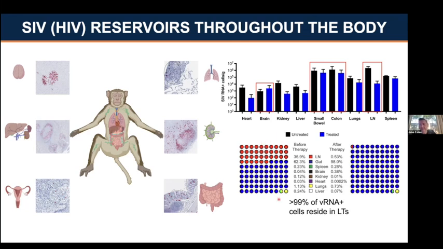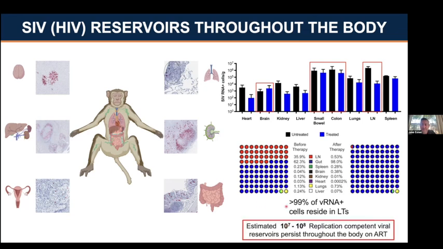Then when we take that number and divide it by 2 to 5%, which is the estimate of the intact or replication competent viruses during antiretroviral therapy, we estimate between 10 to the 7th to 10 to the 8th replication competent viral reservoirs in these tissue compartments that persist throughout the body.